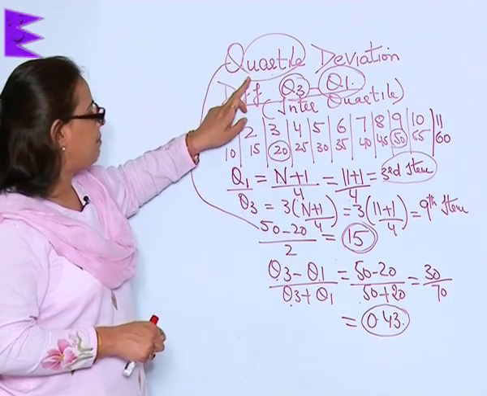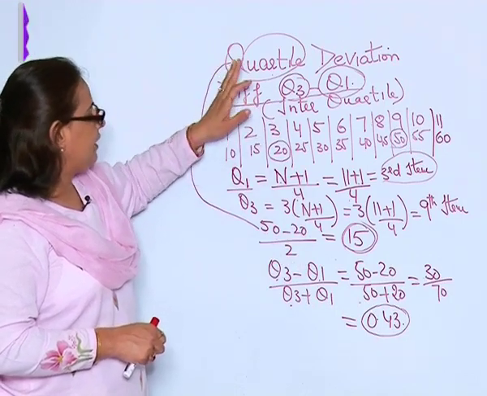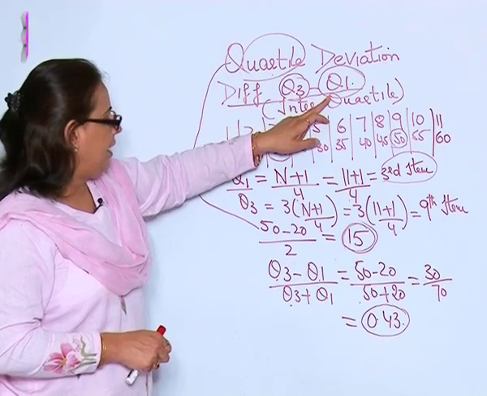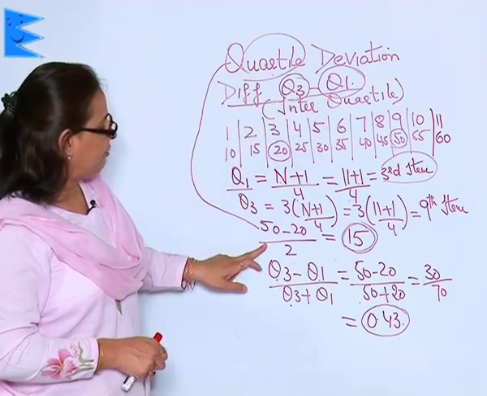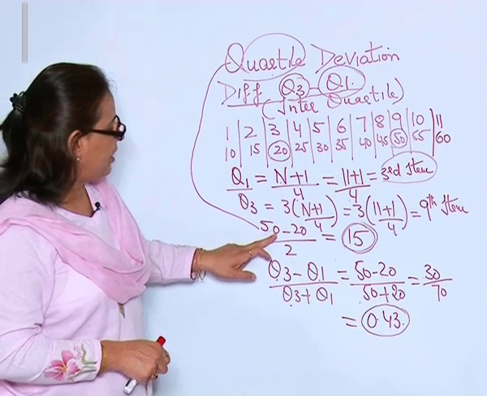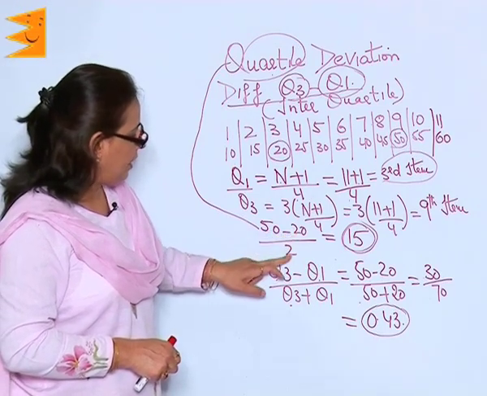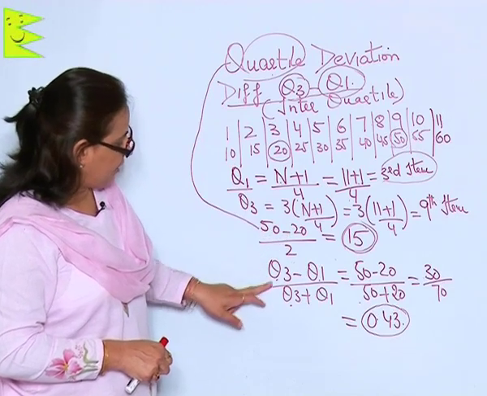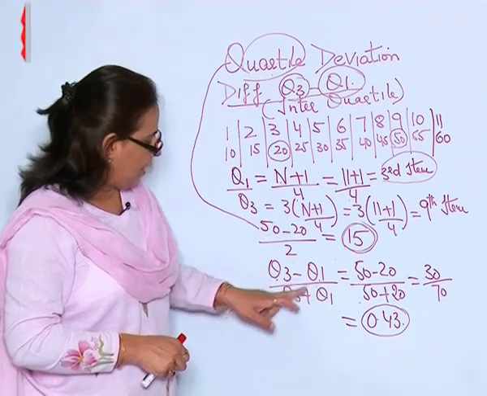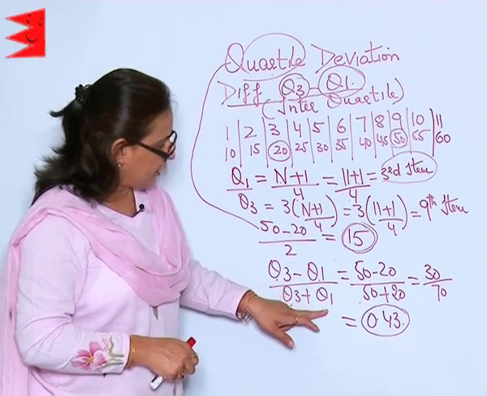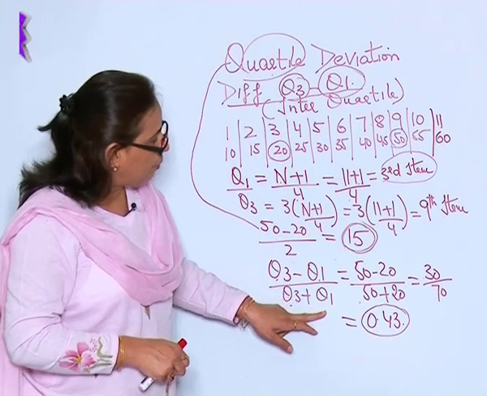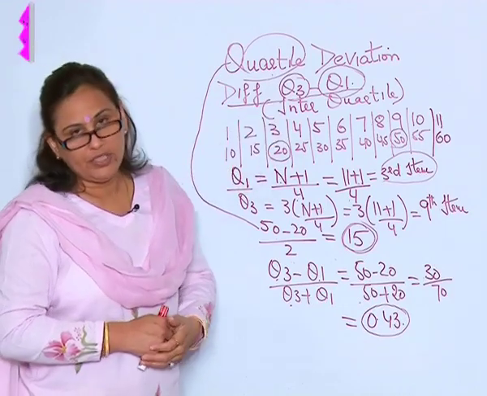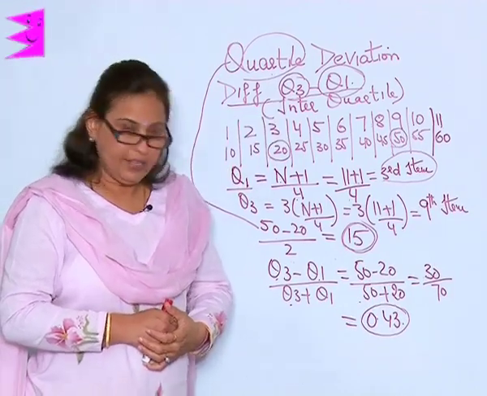Remember, you have to know Q3 and Q1, and the quartile deviation formula is Q3 minus Q1 upon 2, and when we have to find out the coefficient, it is Q3 minus Q1 upon Q3 plus Q1, giving us both the quartile deviation and the coefficient of quartile deviation.